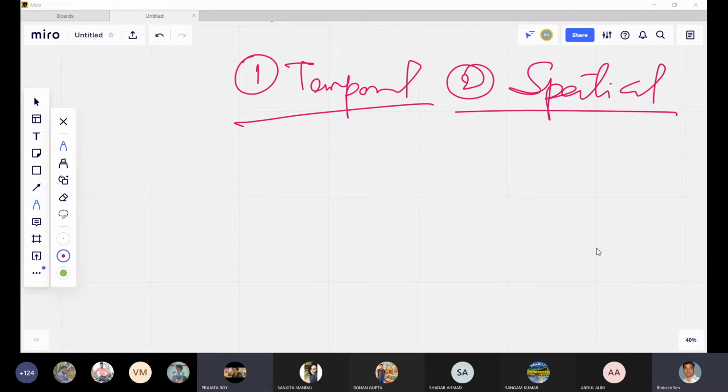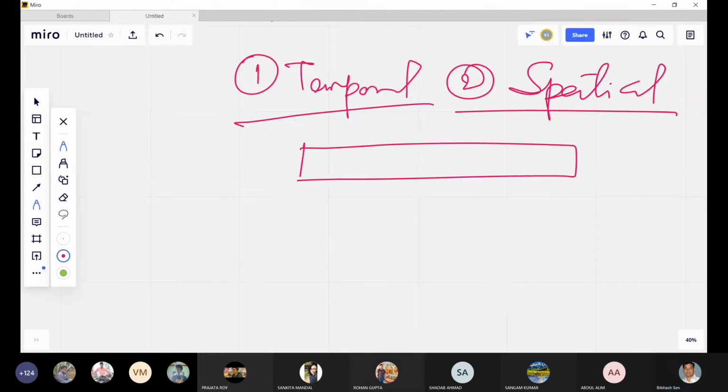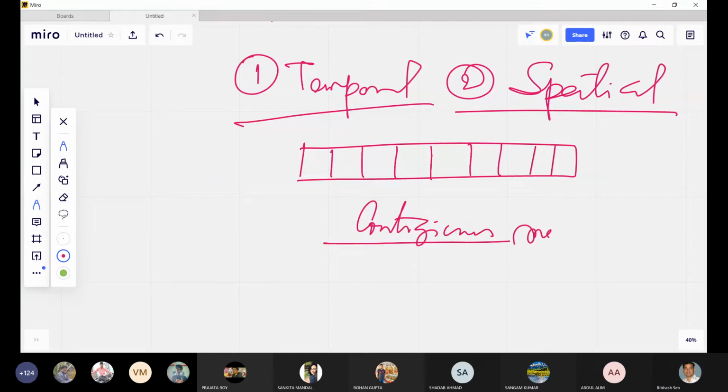Okay. So for spatial, in array access, it is a contiguous memory location.